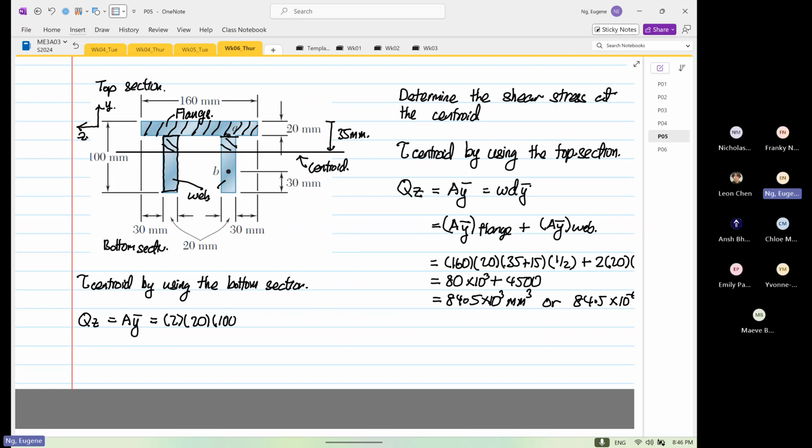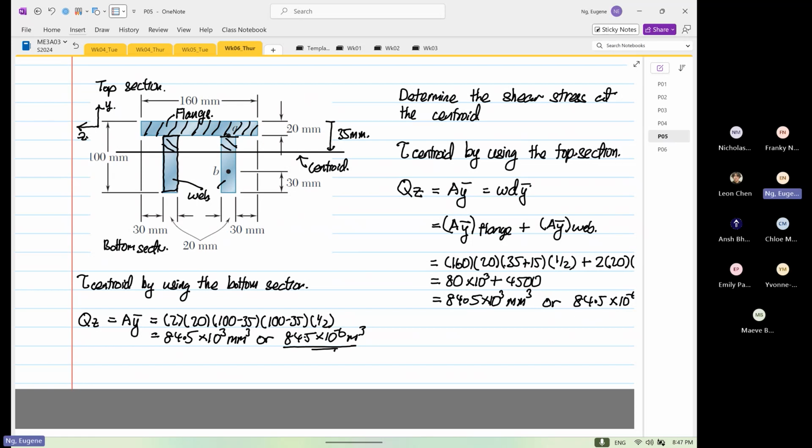So 100 minus 35, multiplied by 100 minus 35 times half. So this will be equal to 65 times 65 times 0.5 times 20 times 2, which is equal to 84.5 times 10 to the power 3 millimeter cube, or 84.5 times 10 to the power minus 6 meter cube.